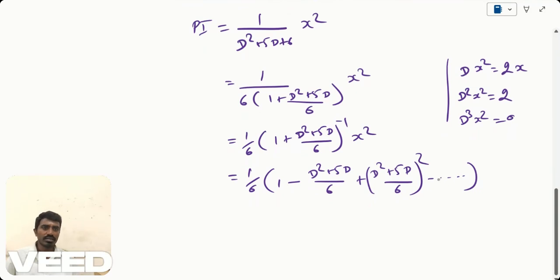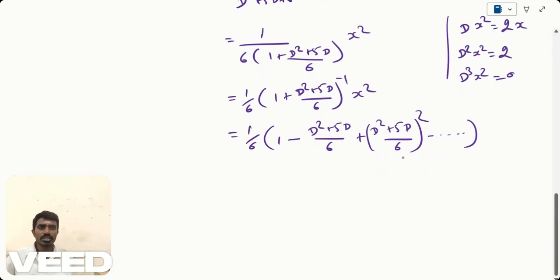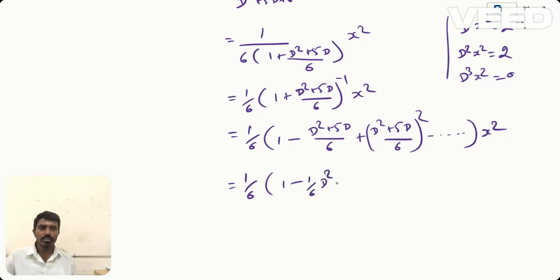So you need not write the cube terms, because here only up to D square is needed. Afterwards, the higher powers, D cube onwards, vanish. So we can stop up to this term. Now into x square is there. So which is equal to 1 by 6 into (1 minus 1 by 6 D square minus 5 by 6 D), and it will go on like this.